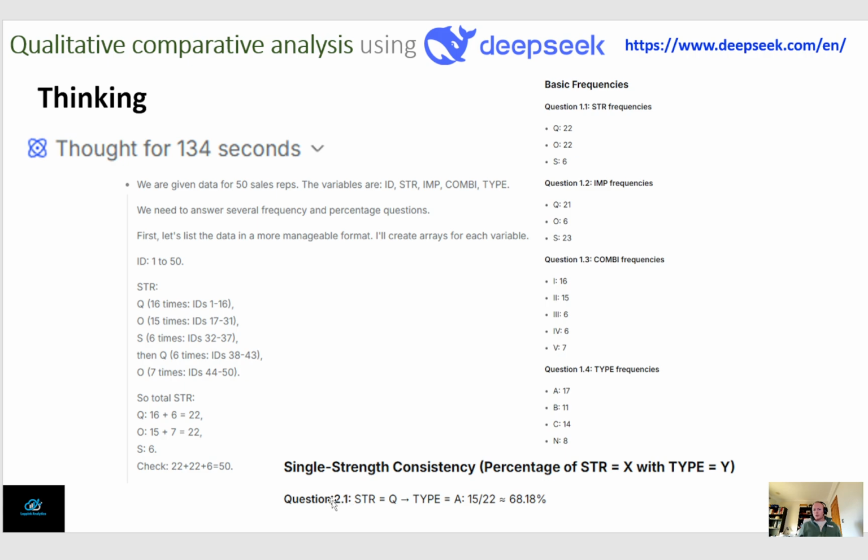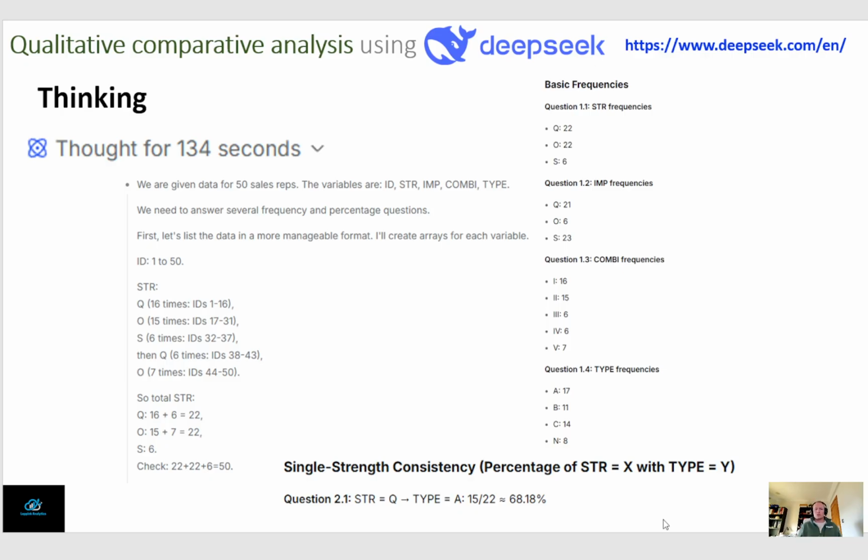But for the other questions, it shows not only the percentage that is the outcome, but also the underlying calculation, which is really good, because I always recommend, if you want to use a large language model for data analysis, you first want to double check your language prompt and your outcomes with a program that is known to provide the right solutions for your problem, which in this case could be anything in R, anything in Python, or in fuzzy set qualitative comparative analysis, which is another program for qualitative comparative analysis.